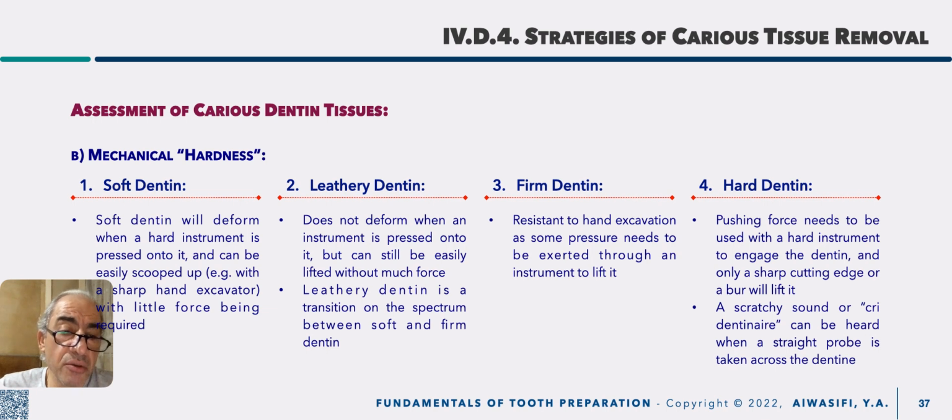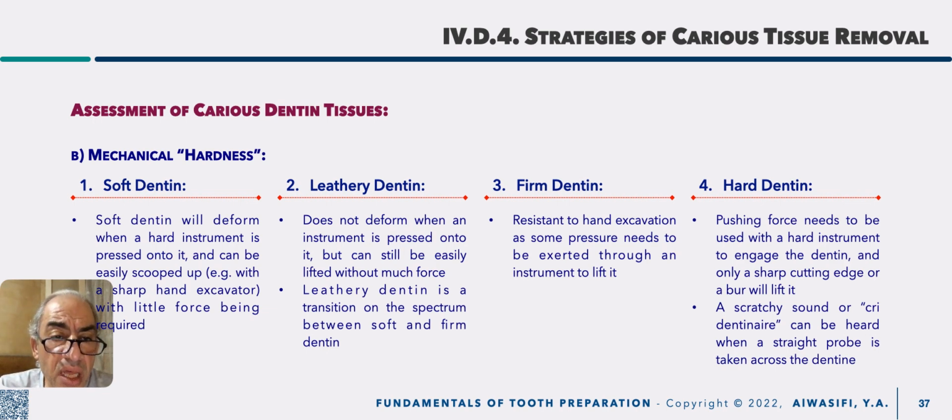Number 1, soft dentine, which is easily deformed when you just apply your hand instrument, the excavator, and could be easily scooped up with any sharp excavator with little or no force. This is soft dentine that should be absolutely removed, which is considered as the necrotic zone.